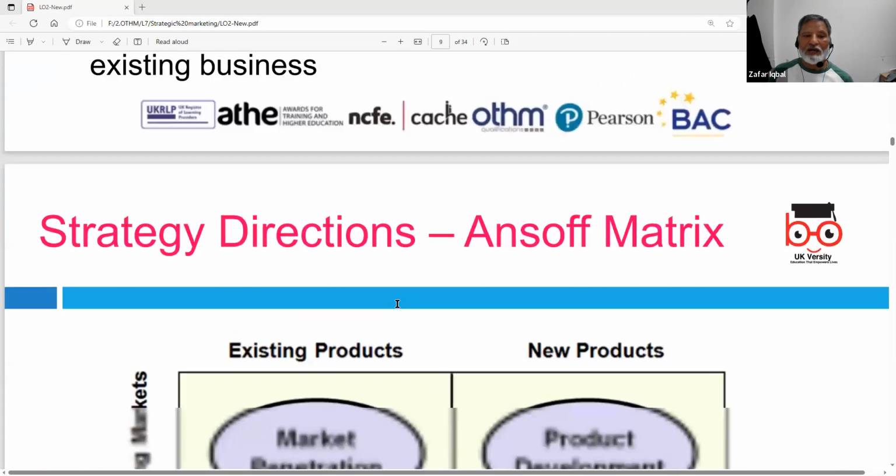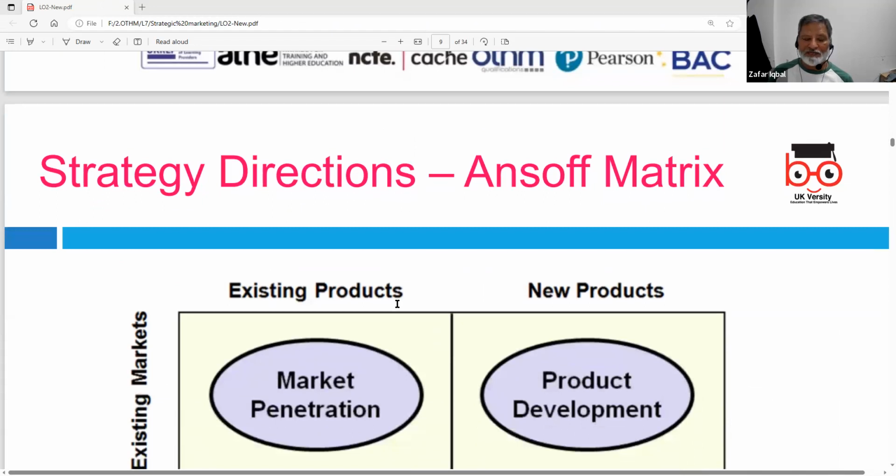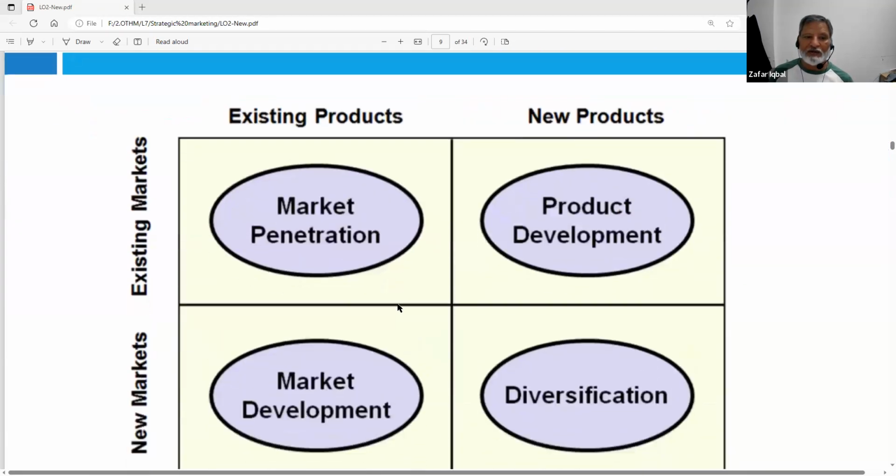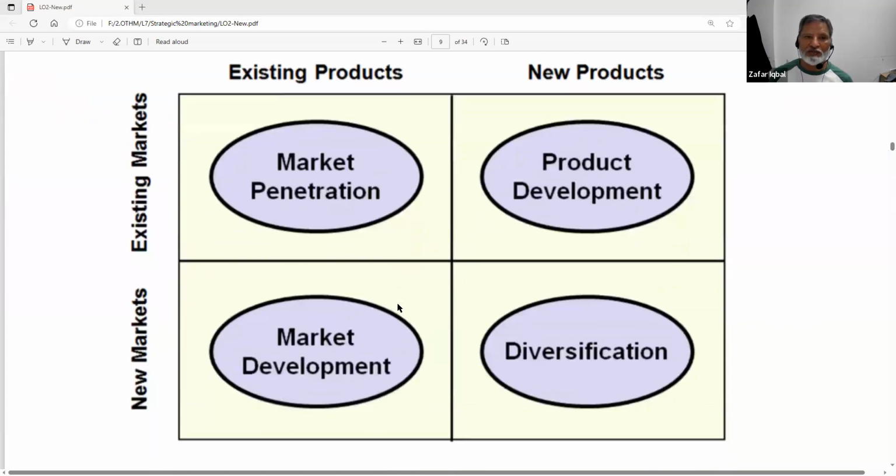Okay, now strategic directions, so this can be looked at from this angle. In other words, you can look at this strategy from the eyes of Ansoff, which is the Ansoff matrix, which is divided into 4 quadrants.